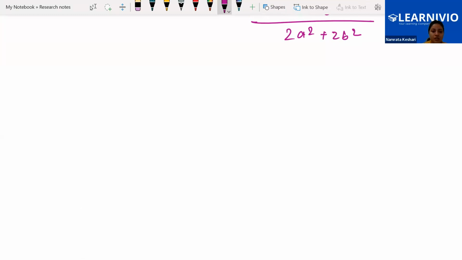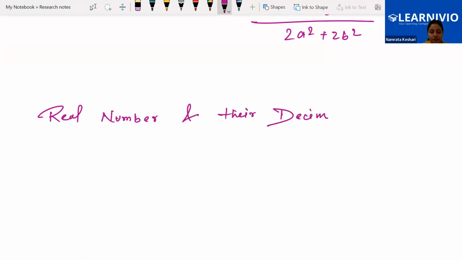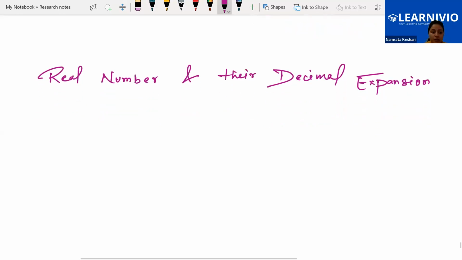Okay, so the next topic is real numbers and their decimal expansion. Suppose we have a fractional number like 10 by 3, or maybe 7 by 8.